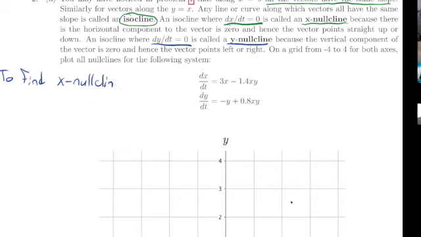To find x nullclines, we set dx/dt equal to 0 and solve.